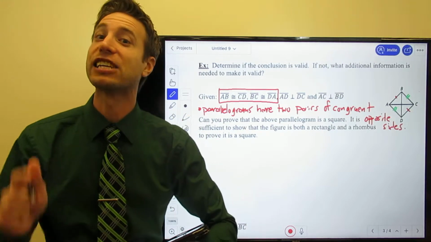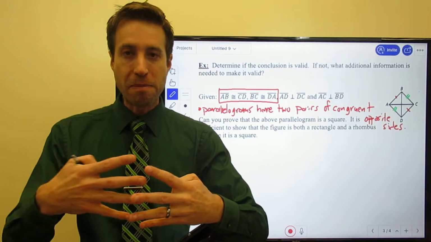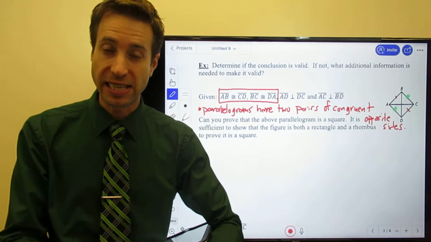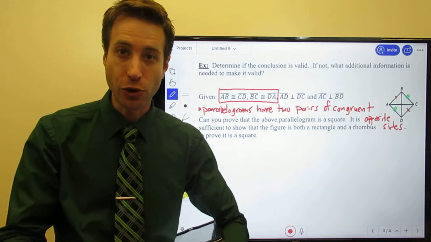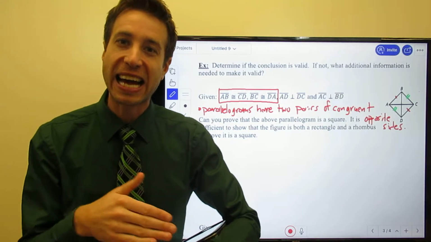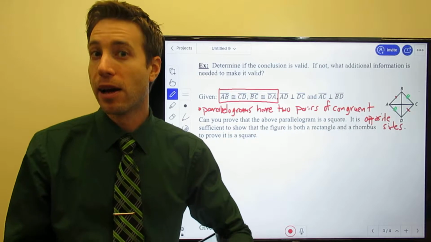What we said is that a square is the figure you get when you sort of mesh the properties of rectangles and rhombuses together. Remember, for rectangles, all 4 angles have to be 90 degrees, which of course a square has. Also, a rectangle has diagonals that are congruent, which of course a square has.